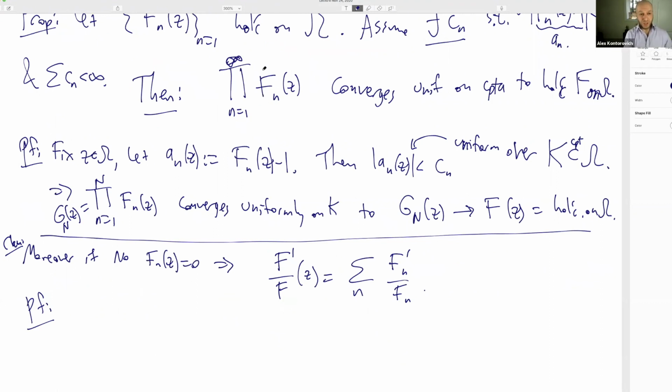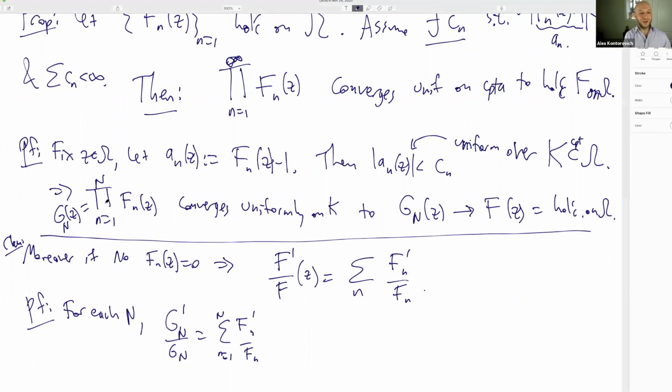So if we look at this series Gn, for each n, it's certainly true that Gn prime over Gn is equal to the sum of Fn prime over Fn. This is just a finite sum, right?